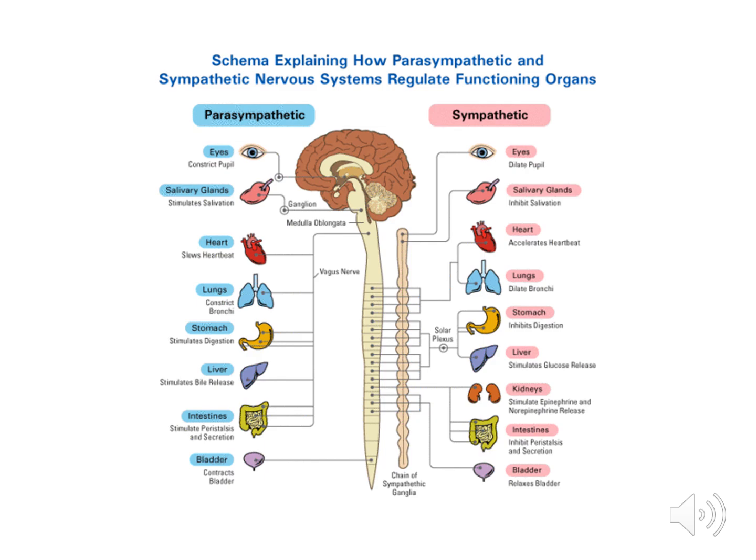So what that means is there are two nerves in the pathway between the spinal cord and the target tissue in the sympathetic division. There's a preganglionic nerve that starts in the spinal cord and ends in the ganglia, and then there's a postganglionic nerve that starts in the ganglia and travels on to the target tissue.